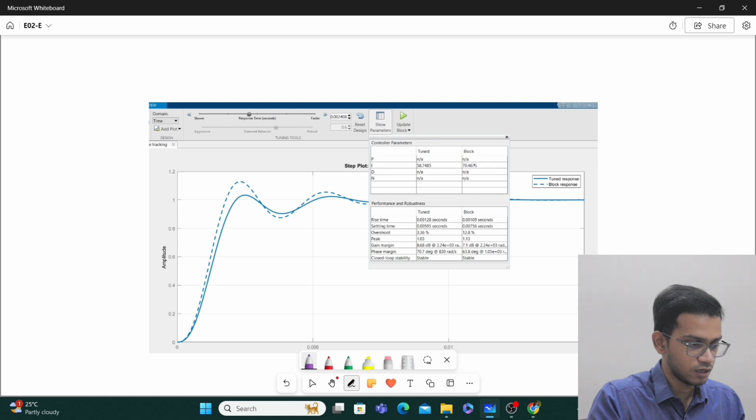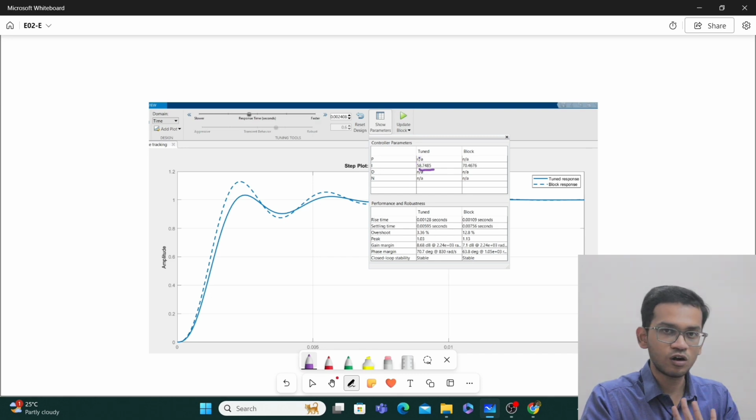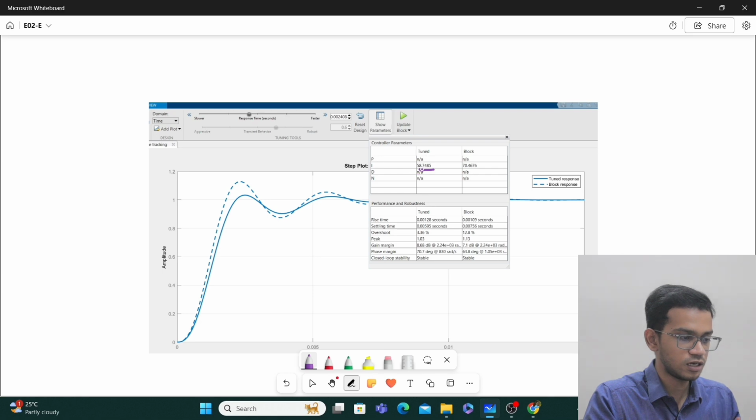Here it will say that the block had some value. It may be 0 or some other value. It had this value, but I have tuned it, and this is your desired value. So it is saying proportional is not required for your application. It is saying derivative is not required for your application. Only integral is required, and you have to put the integral value of 58.74 something.